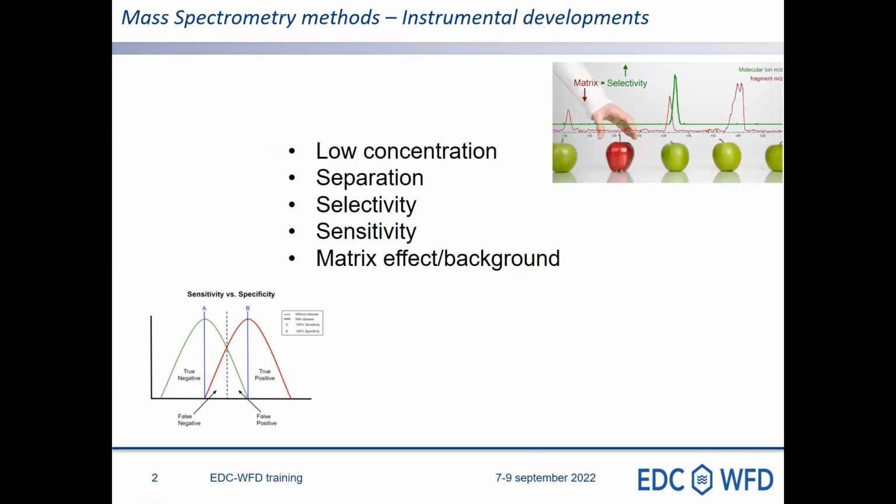You also need a compromise to have the most efficient separation, selectivity, sensitivity, and to face matrix effects and background effects, to allow you to have the best and most robust instrumental equipment. And it's not only a question of having the latest generation of instrumentation, which does not solve all the problems and issues we have to tackle when you want to address such low levels of concentration as necessary to achieve reliable measurements of estrogens in the environment.